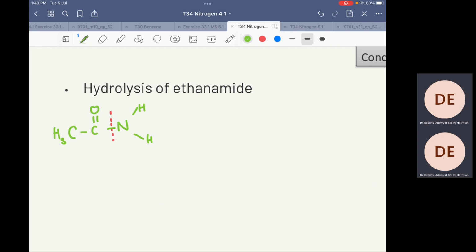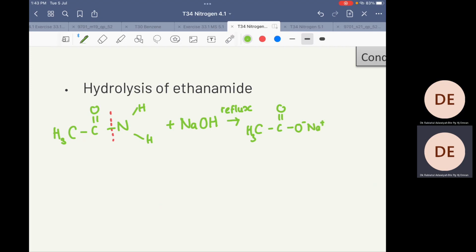So we will add sodium hydroxide, NaOH. So the Na is just the counter ion there. And then reflux. We should get CH3, C double bond O, O minus, and the counter ion is Na plus. The other product would be NH3.